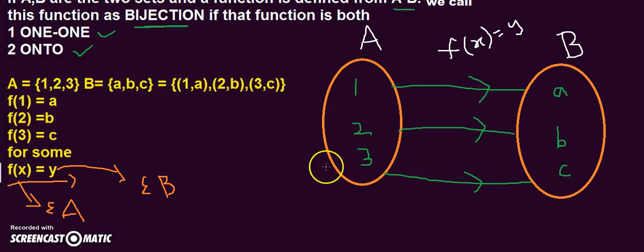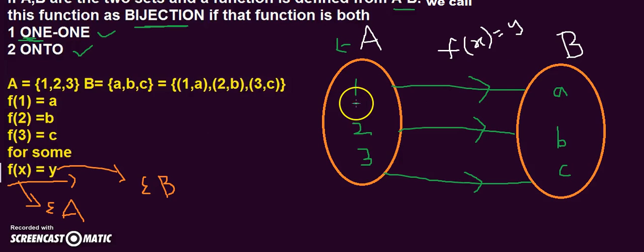Now if you observe this function, first we will see whether this is one-to-one or not. What is a one-to-one function? Every element from the domain set should have a unique output from the range set. So if you observe this, for each element from the domain A you have exactly one output.